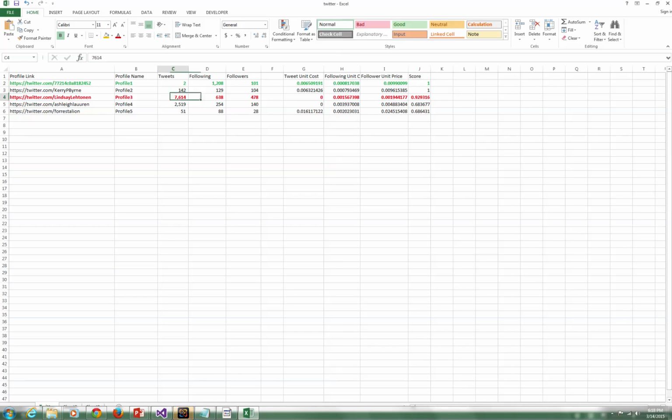The reason is the input with the number of tweets is much higher than the number of tweets of the other person. However, the weight for this input is 0. And the weight for the second input is much higher.